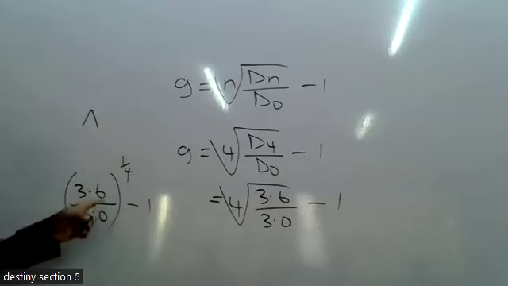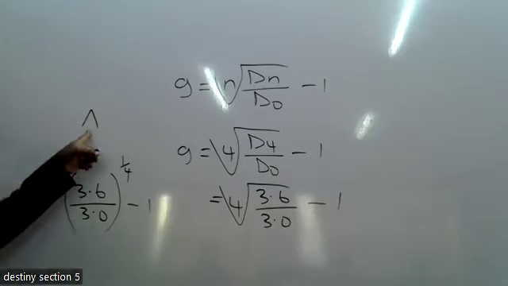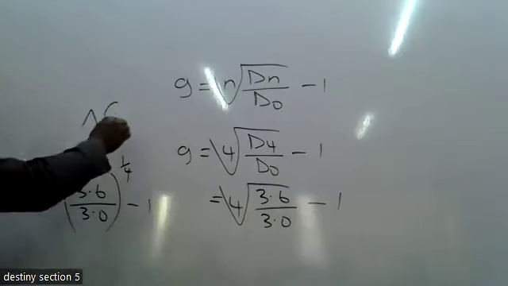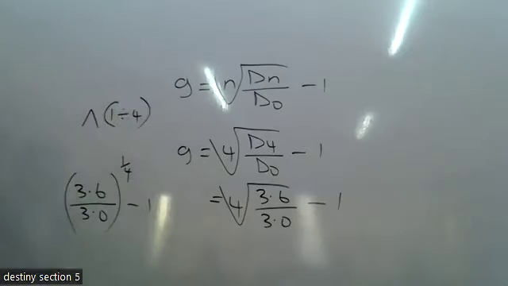Just take 3.6 divided by 3, press the answer key. Then press the power sign, open the brackets, then 1 divided by 4, close the brackets. Then press equals. Once you have done that, you subtract 1. Then the answer that you get, express it as a percentage.